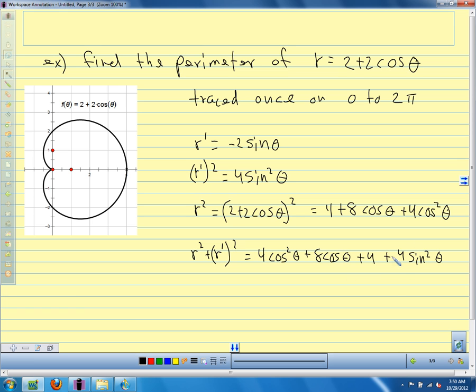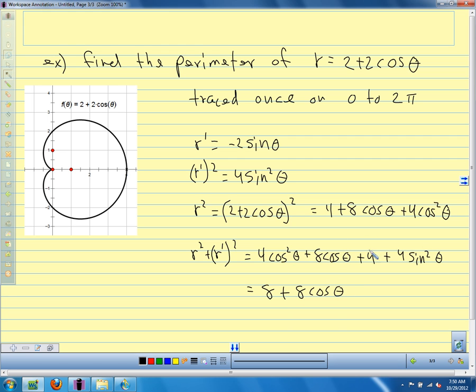Luckily this simplifies a little bit right away. We can combine the 4 cosine squared and the 4 sine squared θ, and we just end up with 4.